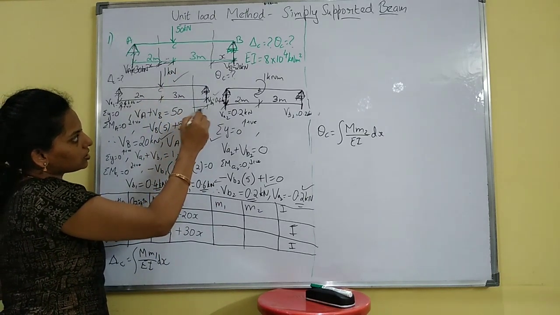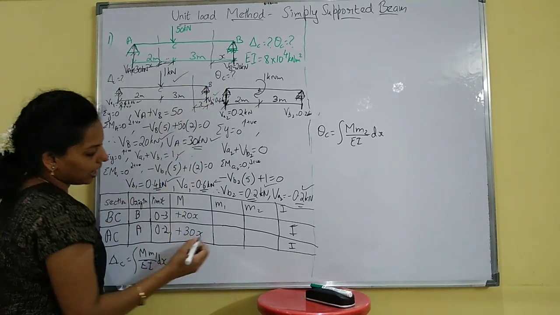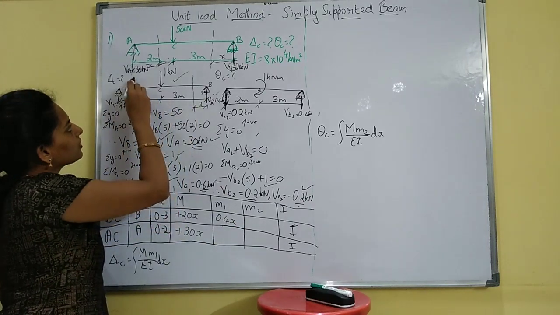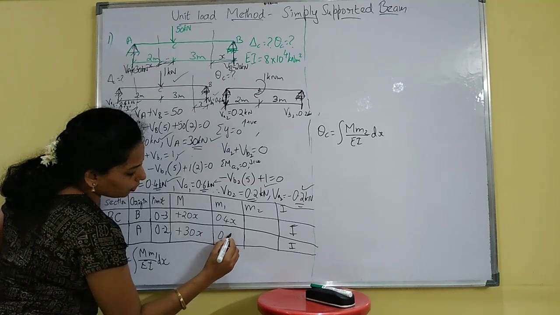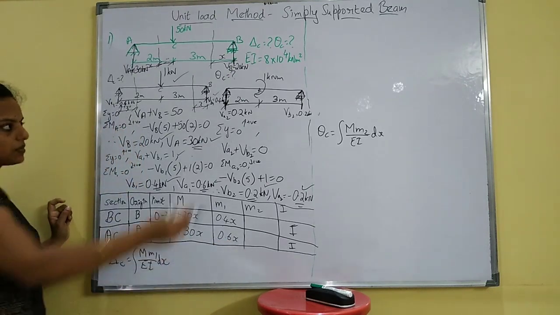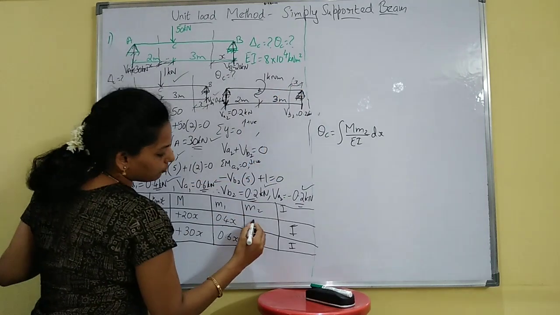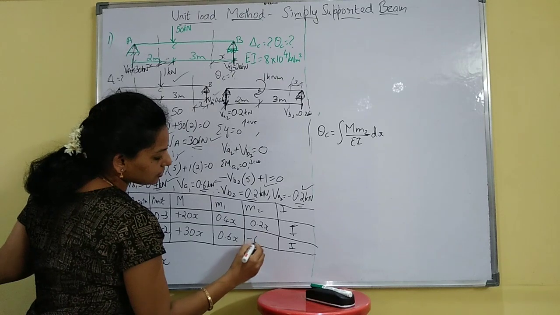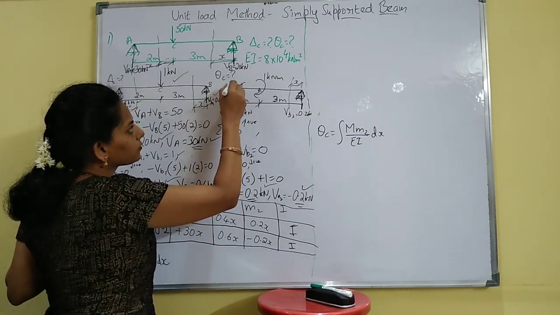This is your x, with B as origin. So you have plus 0.4 into x, and when you take from this side, this is 0.6, so 0.6 into x. Similarly for the rotation diagram, suppose this is your x, you will have 0.2 into x, and here it is downward, so minus 0.2 into x.